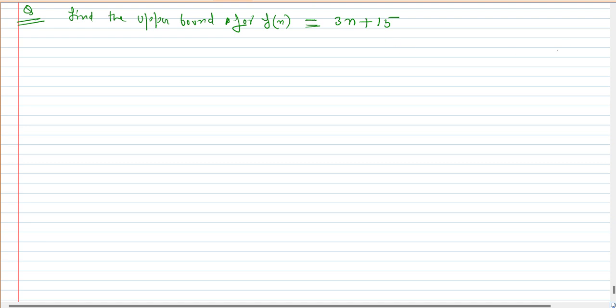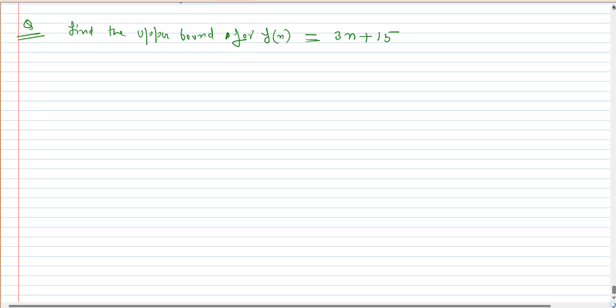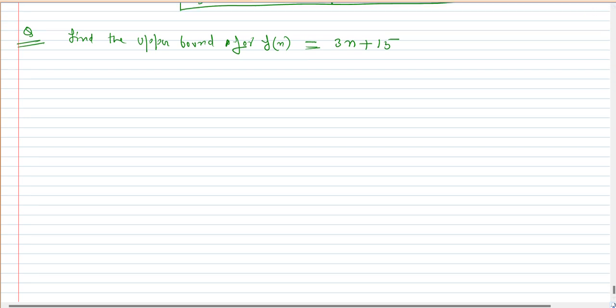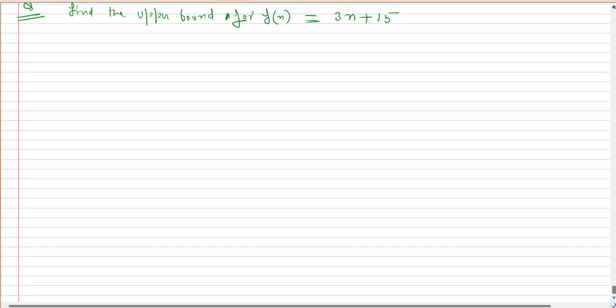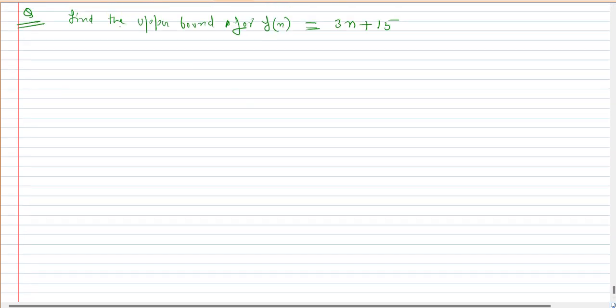Okay, in the previous two questions, we were given the values of fn and gn, but sometimes we may be asked to find the upper bound for some function without giving the gn function.